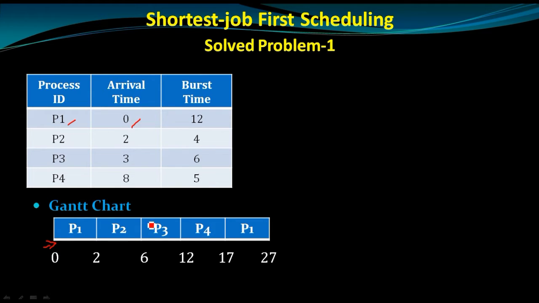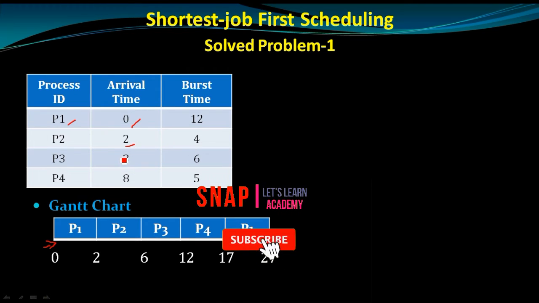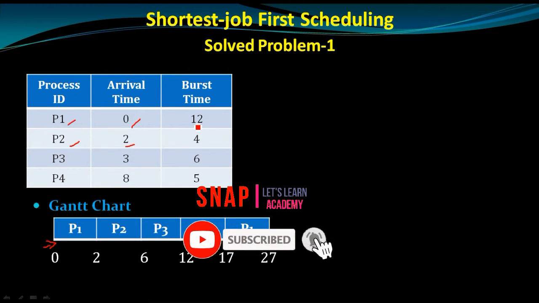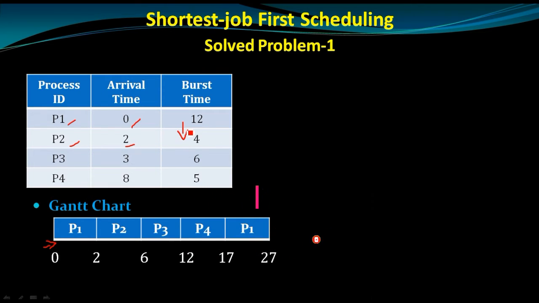And after 2 milliseconds one more process is arriving which has a lower CPU burst time than P1. So we are using the shortest job first idea, which means we have to execute P2. But it arrives after 2 milliseconds.